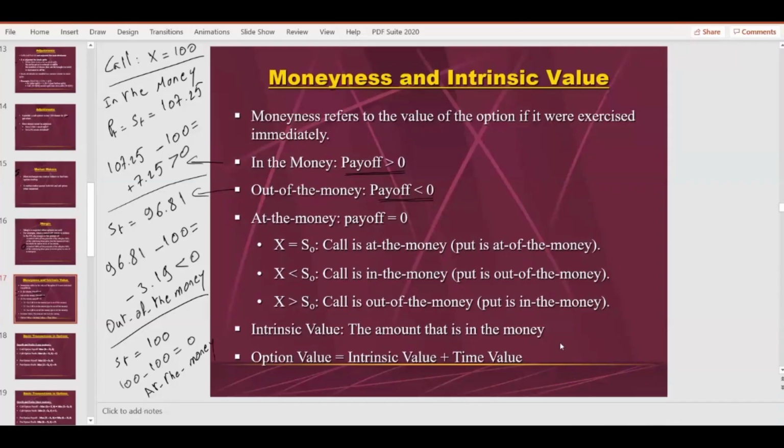For the put option, if I also have X equals 100 and ST was equal to 107.25, with the put option you have the right to sell at the strike price at 100. So the payoff is 100 minus 107.25. This is negative, so I can say that this option is out of the money.